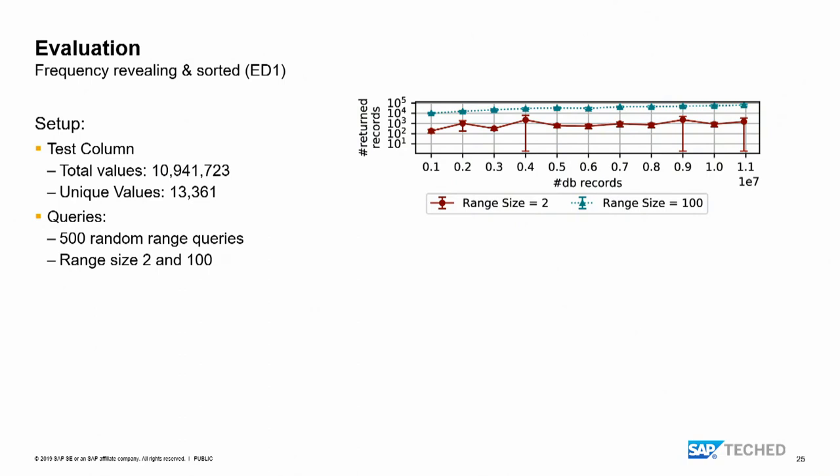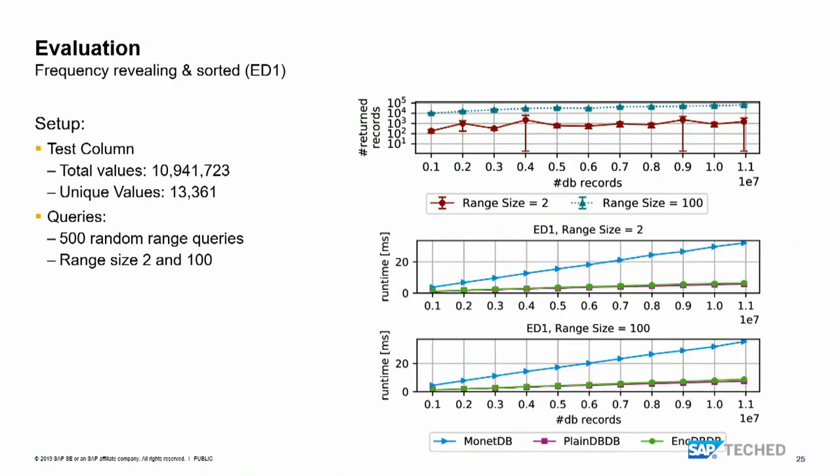But in the attribute vector, they can be multiple times. And you see that here. Even if you have only 100,000 values, we will return 1,000 for a range size of 2. This will become important later. And for a range size of 100, we have even above 10,000 values which are returned. Okay, now to the actual evaluation results.